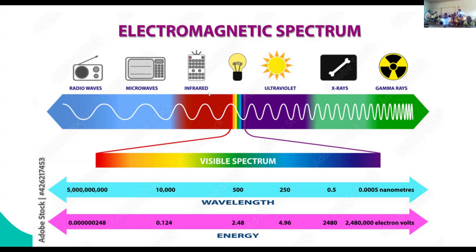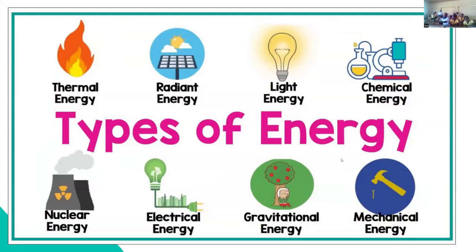There are also infrared lights, microwaves, radio waves, ultraviolet, X-rays, and gamma rays. These are all different types of radiant energy. So this was a quick overview of what radiant energy is.